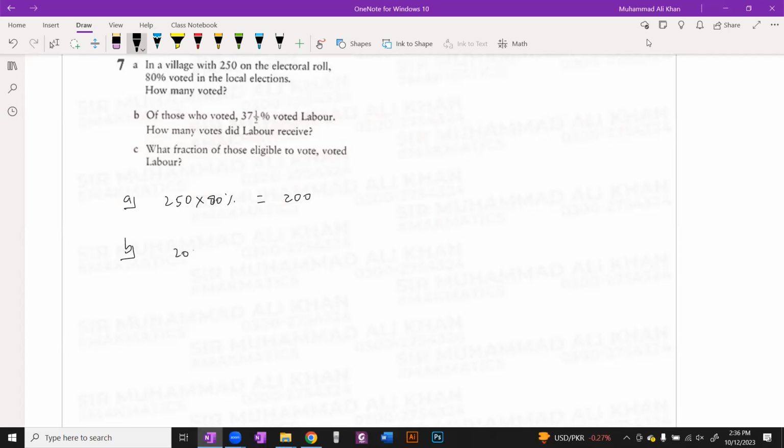Okay, so 200 multiplied by 37.5%. 75. What fraction of those eligible to vote voted Labour? 75 divided by 250. What fraction? 3 upon.